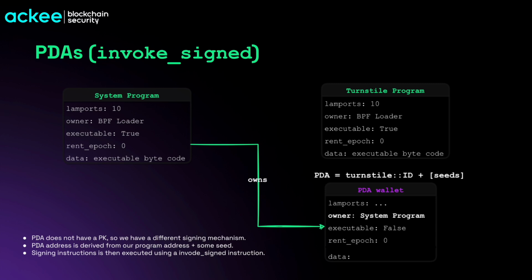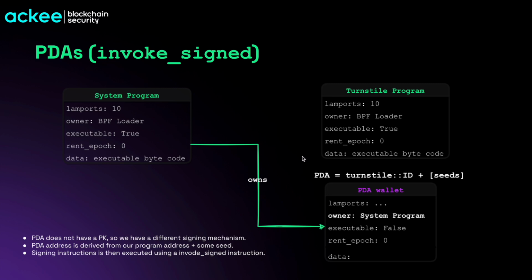PDAs should not have a private key, so we need a different signing mechanism. Why don't we want a private key stored directly in our program? That means everyone who can look at the source code of our program would know the private key for the account we're interacting with in our program. So we need a different signing mechanism.